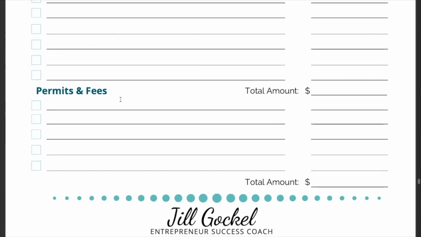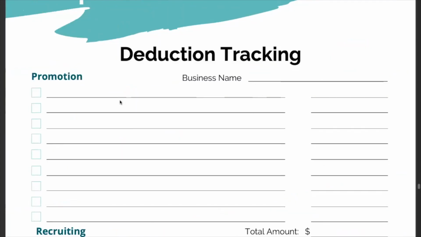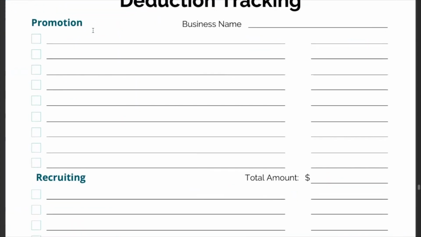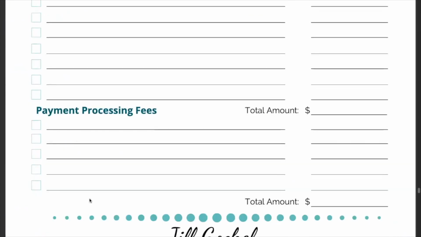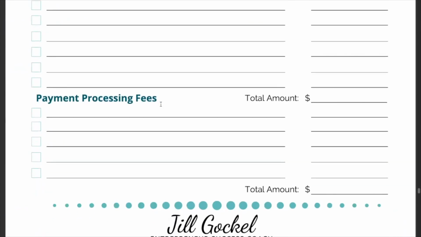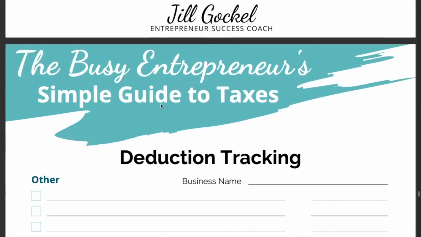There's different permits and fees that you may run into. There's also promotional expenses, recruiting expenses, so many things, payment processing fees. Basically, if you have an expense coming out of your business account and it is helping your business, you want to make sure you are deducting it. And then, of course, there's just different other expenses.